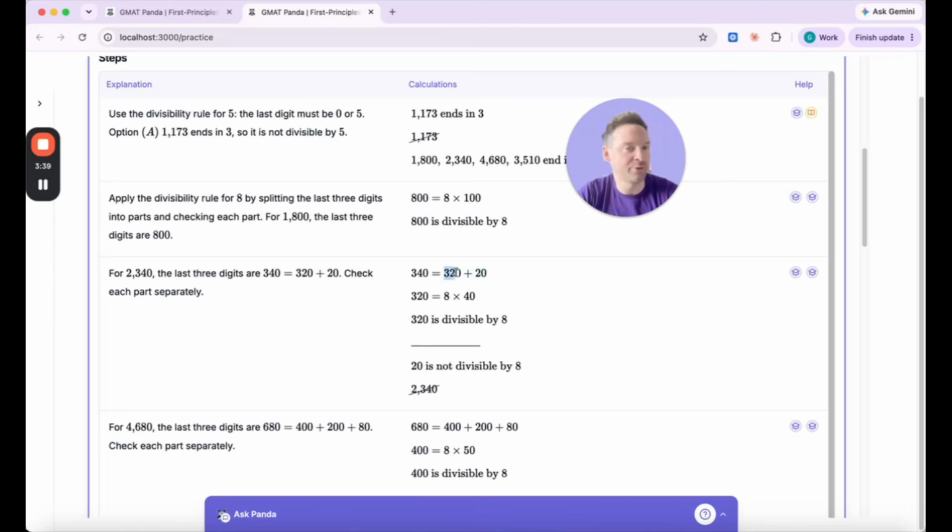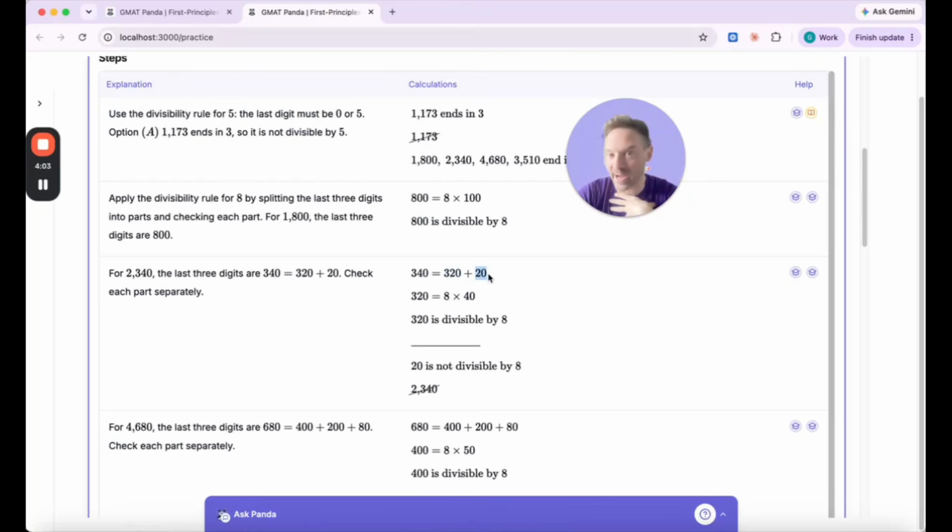Why are we choosing 320? Because 32 is 8 times 4, right? We know that from our times tables. And therefore 320 would also be divisible by 8. In fact, it's going to be not 8 times 4, but 8 times 40. So we know that 320 is divisible by 8.